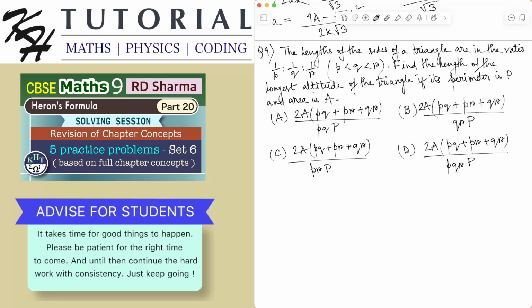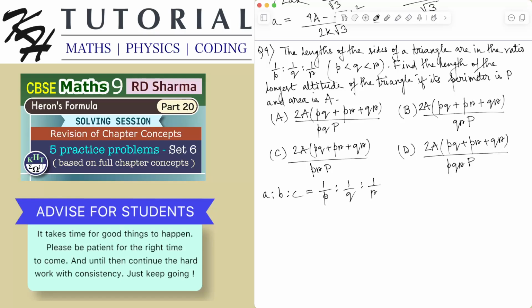So clearly, first of all, let's say the lengths of the sides are a, b, and c. So it is given a is to b is to c is 1 by p is to 1 by q is to 1 by r.